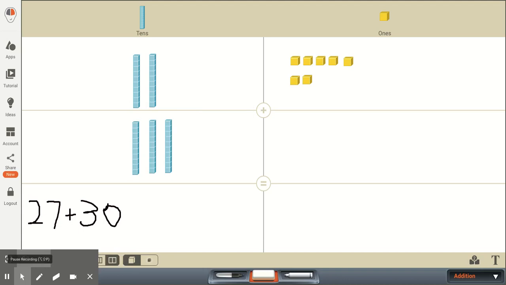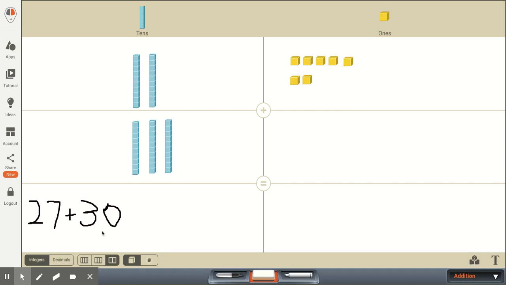And now we have our example of adding a two-digit number with a multiple of 10. So 27, maybe our first grader would be able to represent that number by drawing two rectangles, two long rectangles, or maybe just two lines for the 2 or 20, and for this digit 7 by drawing seven squares, or maybe just 7 dots.